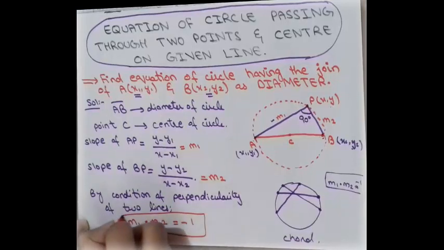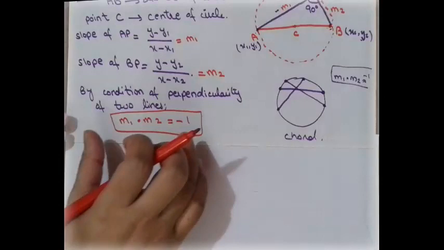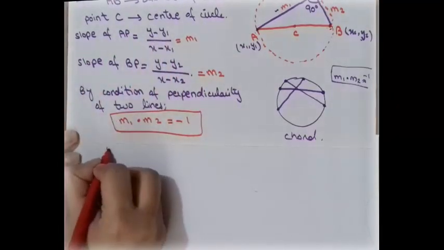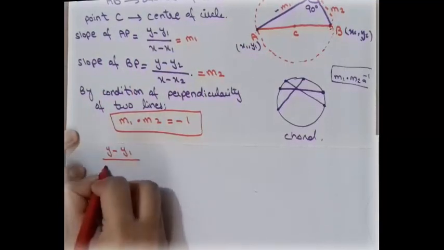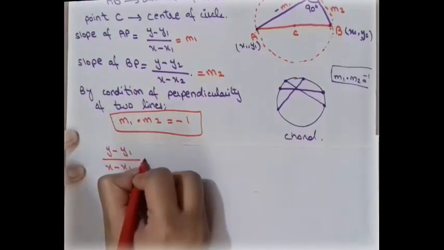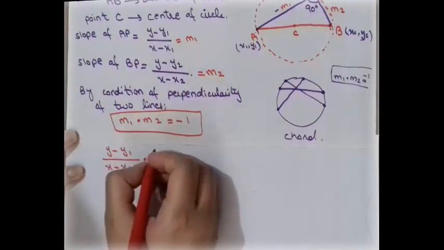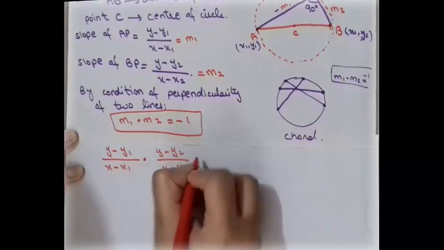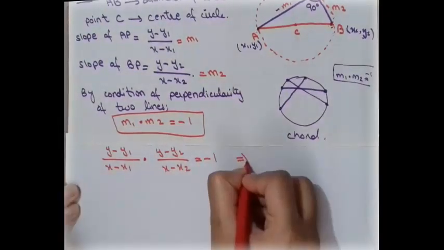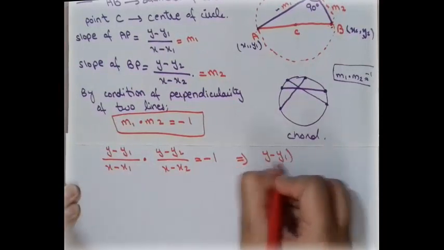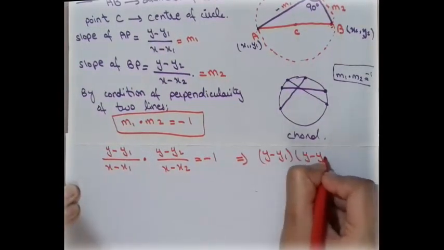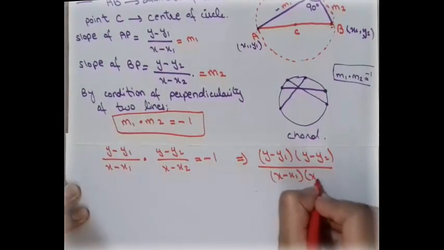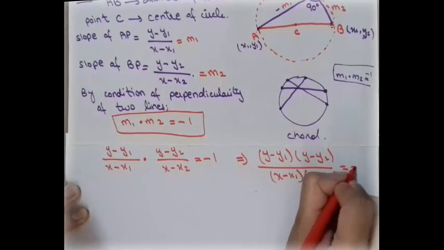So we basically use this fact. Just put in the values of m1 and m2. We have m1, which is y minus y1 divided by x minus x1, multiplied by the slope of the other line, y minus y2 divided by x minus x2, which equals minus 1. We write it as y minus y1 multiplied by y minus y2, divided by x minus x1 multiplied by x minus x2, equals minus 1.